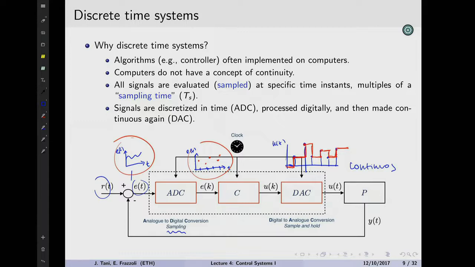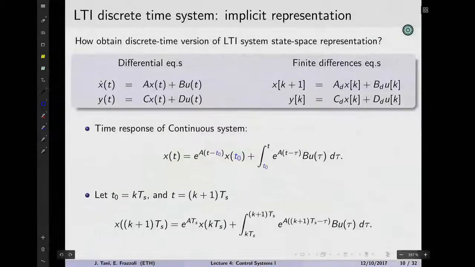So keeping these things in mind, what we really want to understand now is, say we know everything now about our continuous time representation of state space variables. How do we get to the discrete time one? Okay, so this is the final solution, and we're going to see a little bit how to get there.